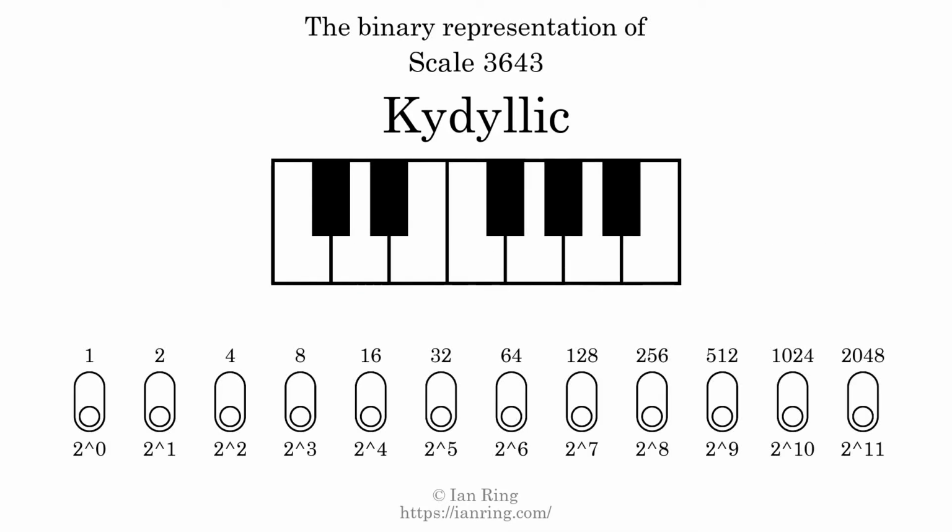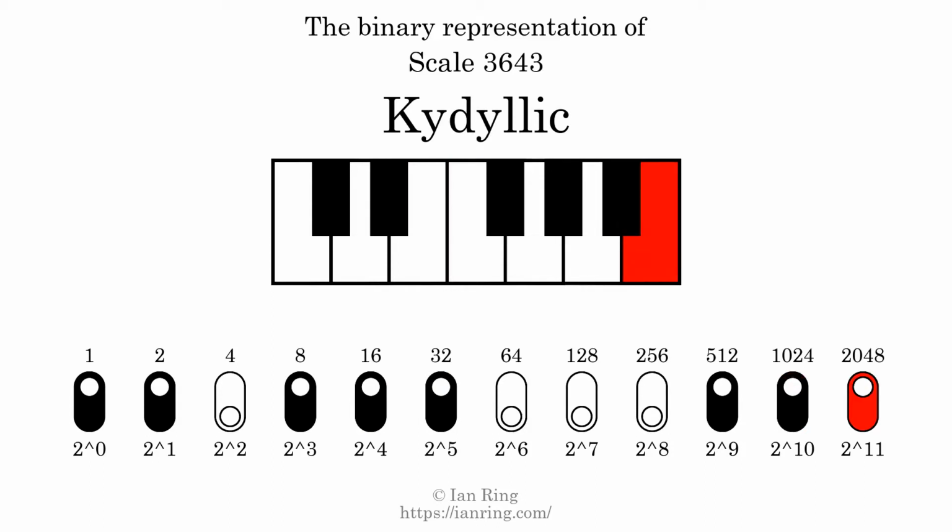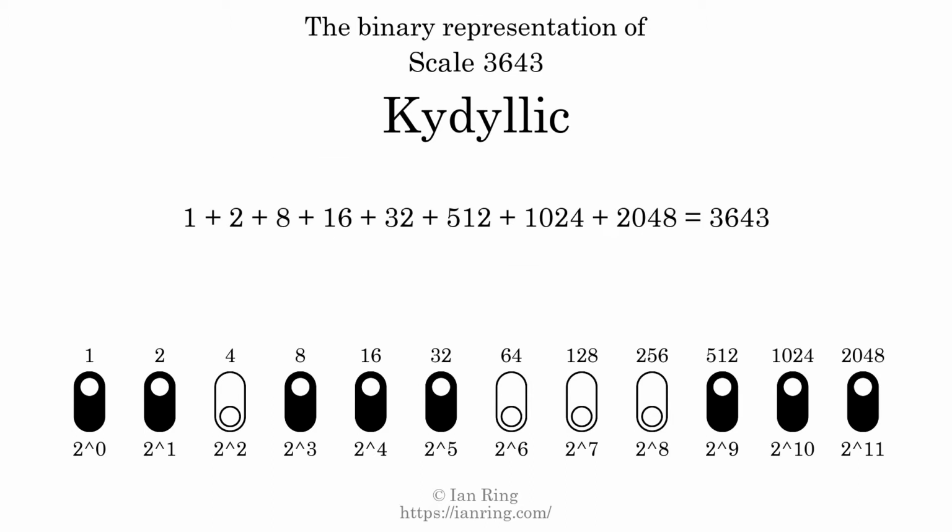The binary representation of this scale is determined by mapping tones of the scale to binary digits. Each binary digit represents a power of 2. To get the scale number, we add the powers of 2 together. The powers of 2 that are present in the scale, all added together, equals 3643.